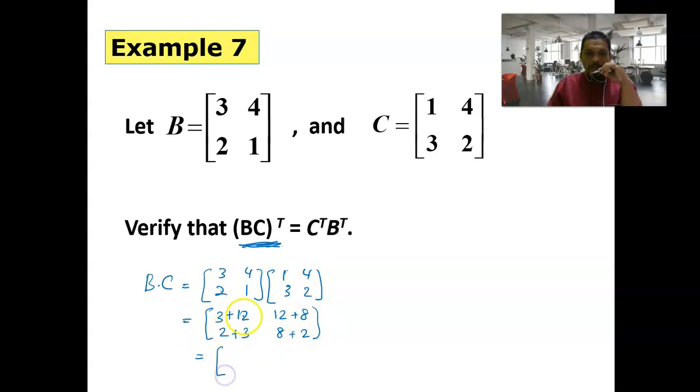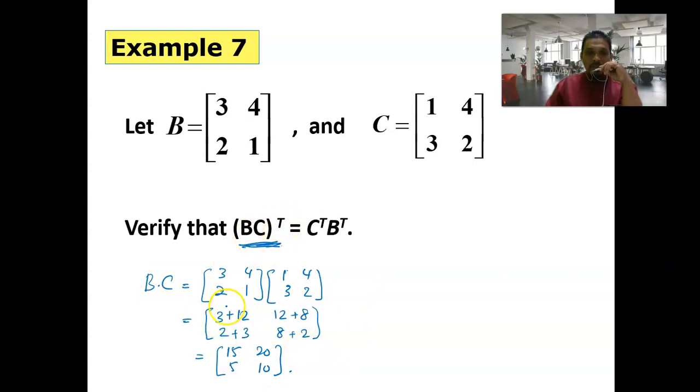So 12 plus 3, 15. 2 plus 3 equal to 5. 12 plus 8, 20. 8 plus 2 equal to 10. So now this is B multiplied with C.